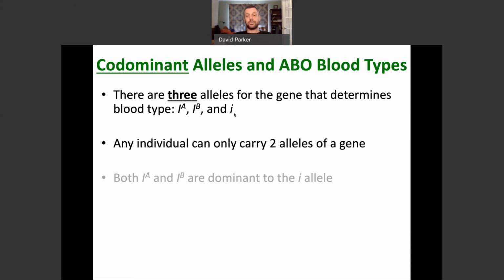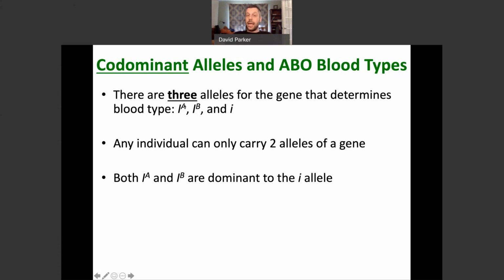So what does codominant mean? The fact that the i is lowercase should be a good indication to you that it is a recessive allele, right? That's the convention when you look at genes. So this allele is recessive.